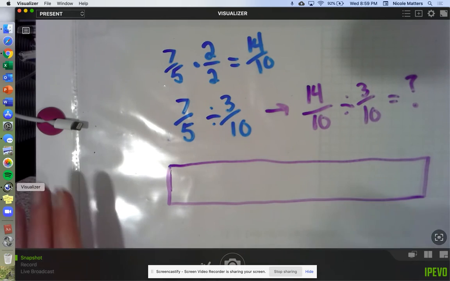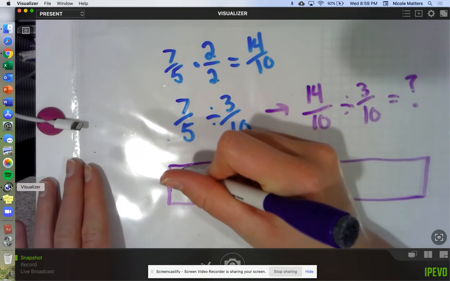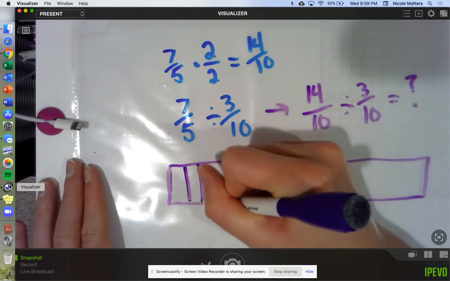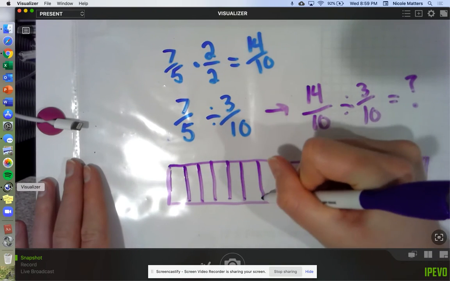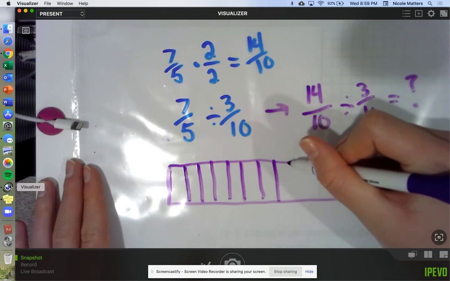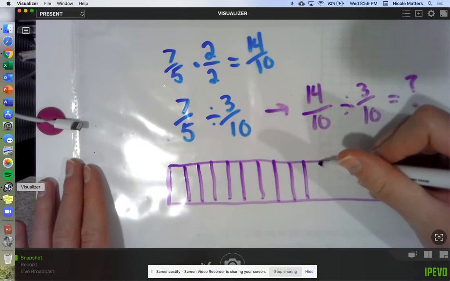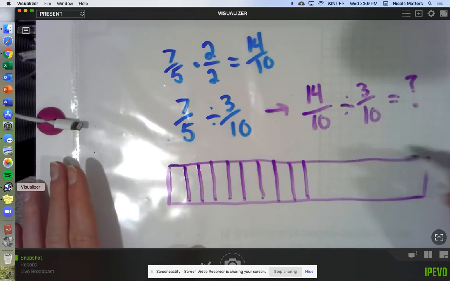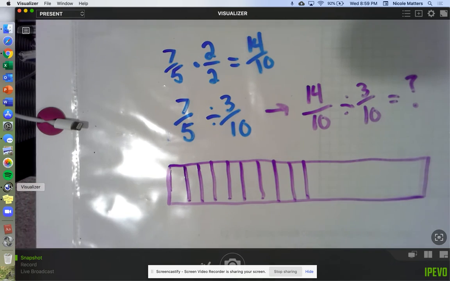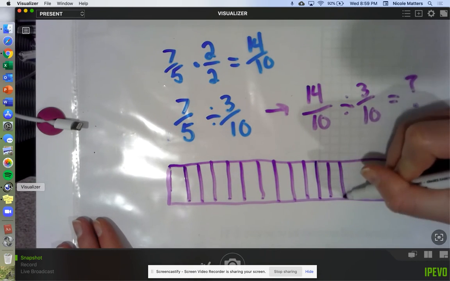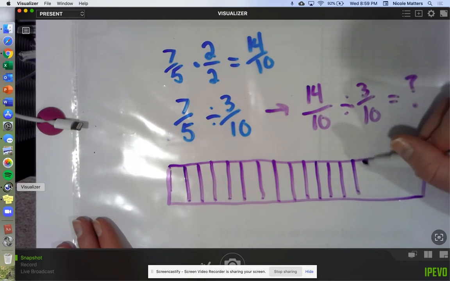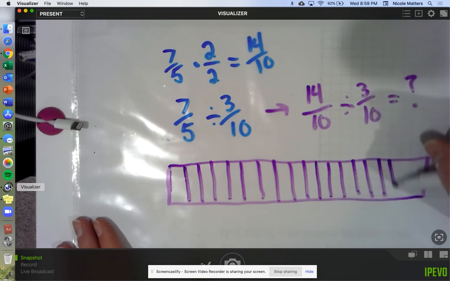So I'm going to start counting 1, 2, 3, 4, 5, 6, 7, 8, 9, 10. That would be 10 parts, but I know that's not enough. So I have to count another 10. 1, 2, 3, 4, 5, 6, 7, 8, 9, 10.